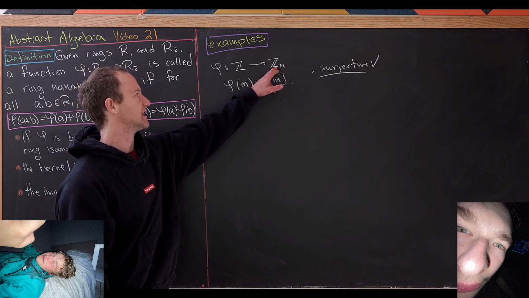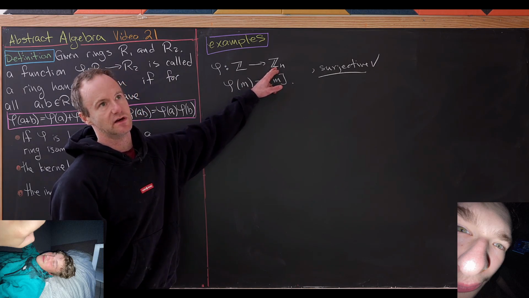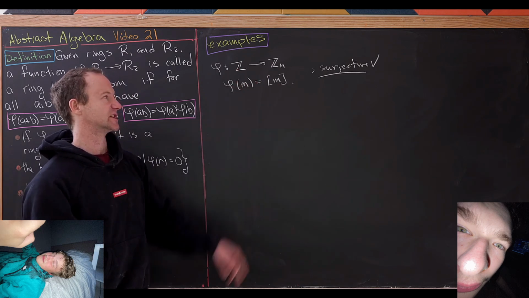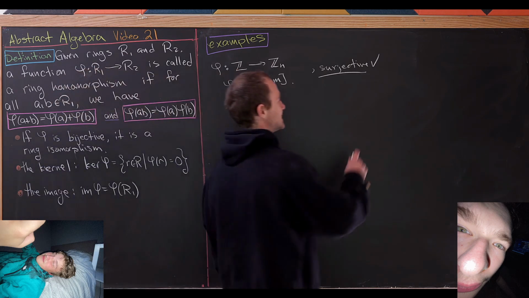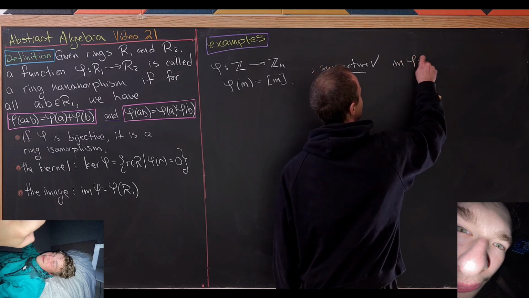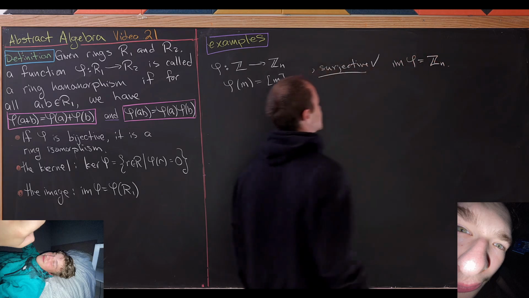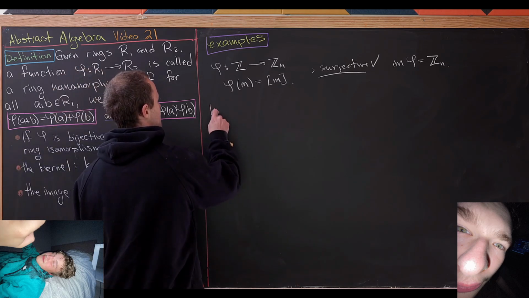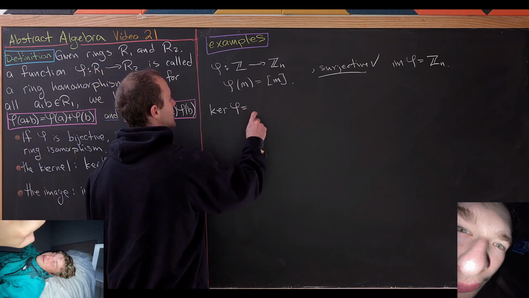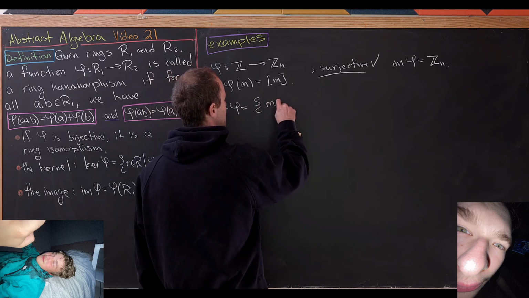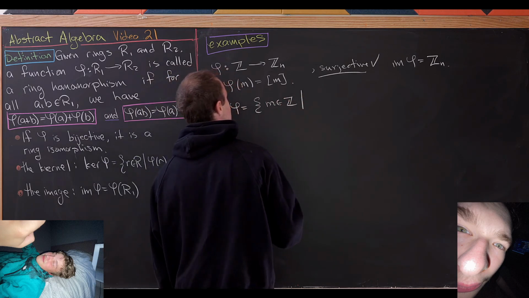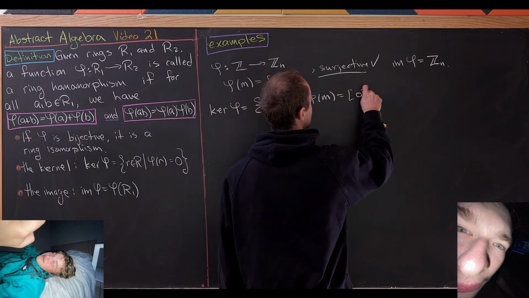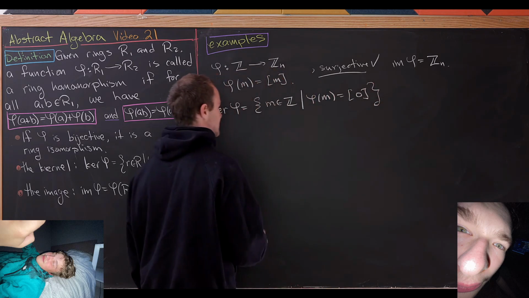Everything here is just the equivalence classes 0 through n minus 1, and just those integers get mapped onto that. So that tells us that the image of phi is in fact everything. It's Zn. Now let's calculate the kernel. So the kernel of phi will be equal to all m inside of Z such that phi of m is equal to the equivalence class of 0.